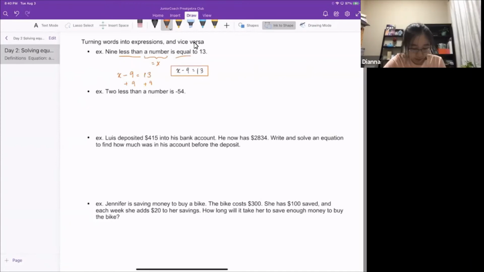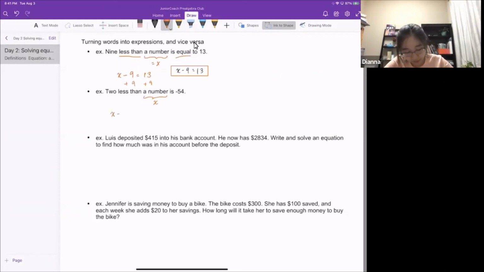And let's look at the next one. So that's kind of similar actually. So 2 less than a number is negative 54. So we're seeing that number, a number is x, or any letter that you want, like P, A, B, C. But 2 less than a number is negative 54. So if it's 2 less than a number, we are taking away 2 from that number, right?